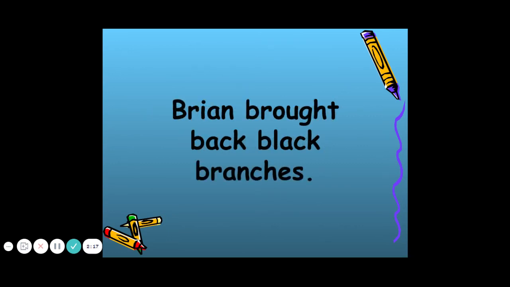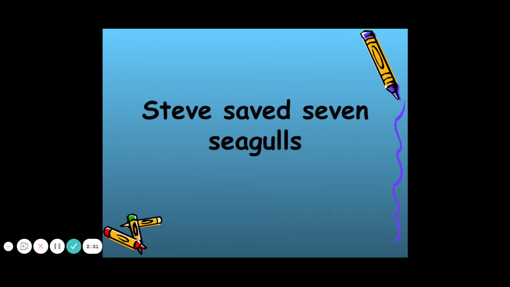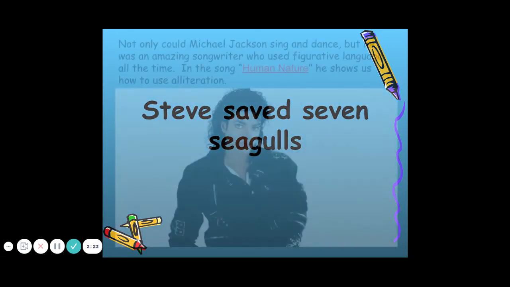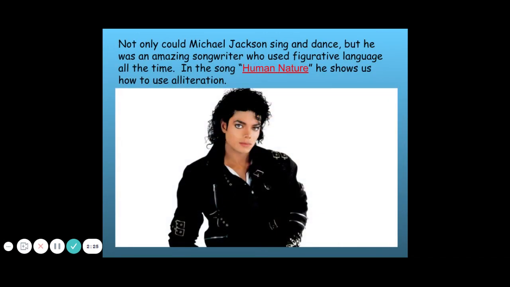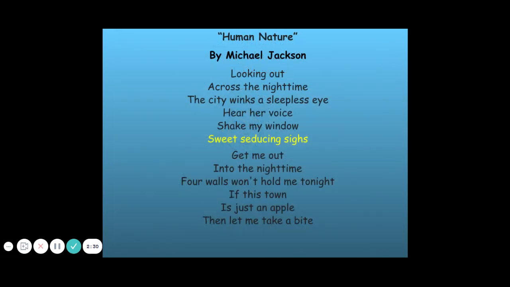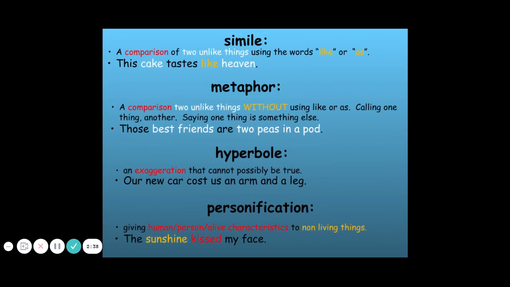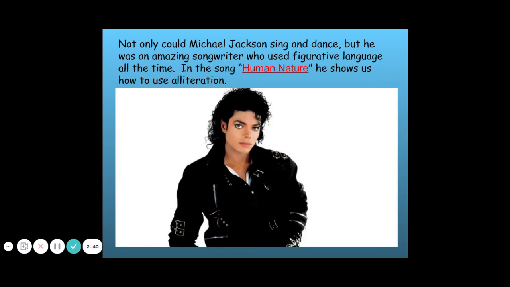Brian brought back black branches. See how we repeat that B sound. Steve saved seven seagulls. In a song by Michael Jackson, Human Nature, he shows us some alliteration. Right there in the middle, shake my window, sweet seducing sighs, okay? And that is going to be alliteration.